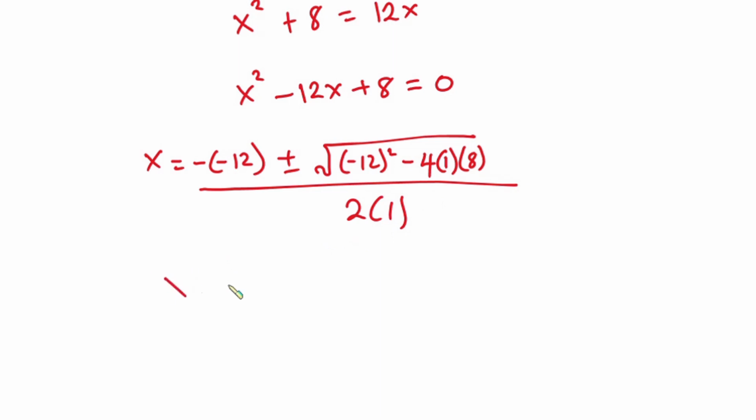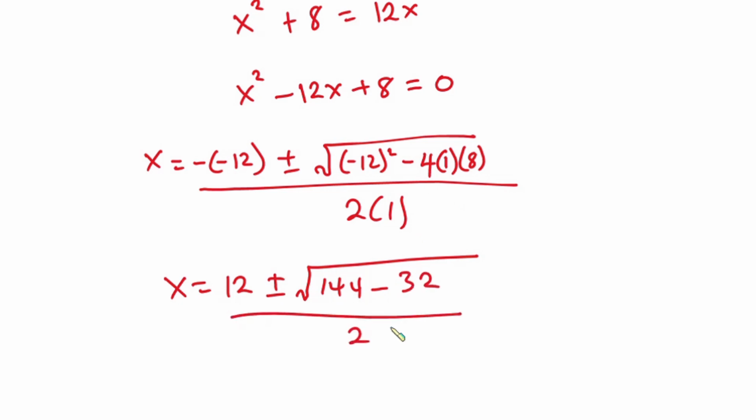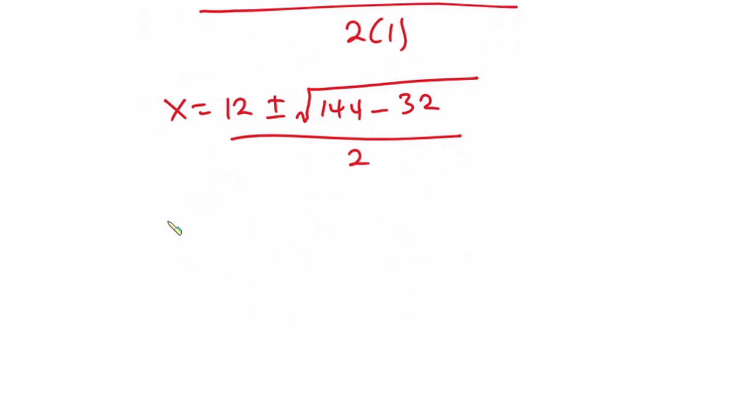Okay, so we have x is equal to negative, will be positive, so we have 12 over here, then plus or minus, we have square root of negative 12 squared is 144, then we have minus 4 times 8 is 32, all divided by 2.